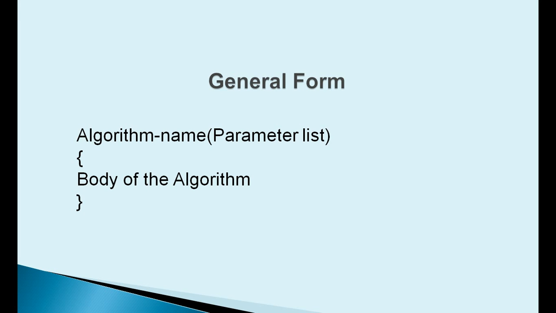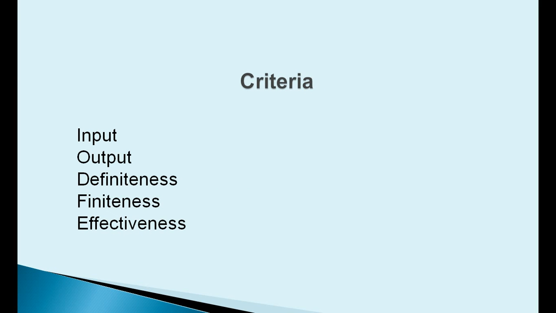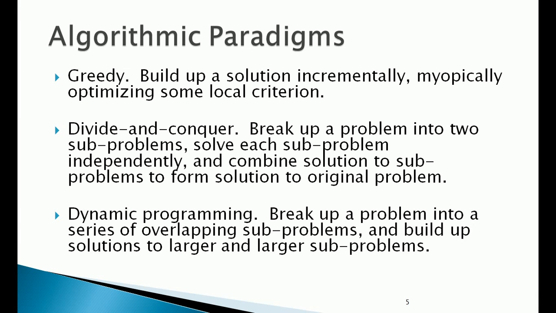Next, these are the criteria we already saw: input, output, finiteness and effectiveness. Algorithm paradigms. Greedy: build up a solution incrementally, optimizing some local criterion.